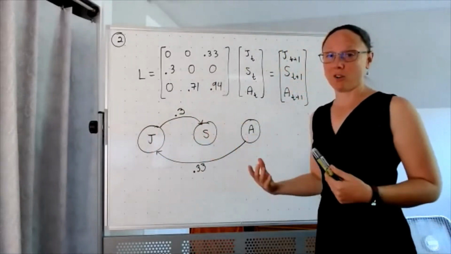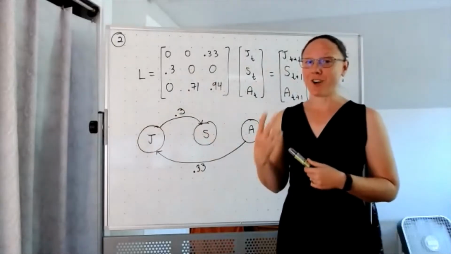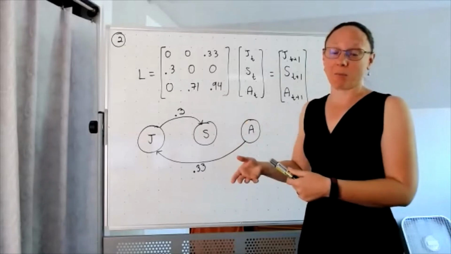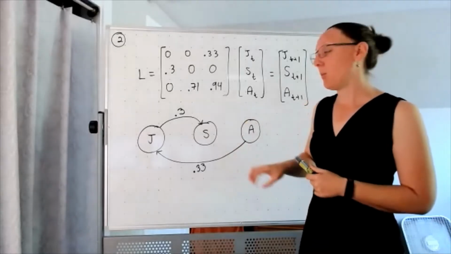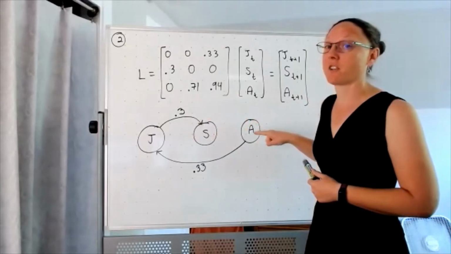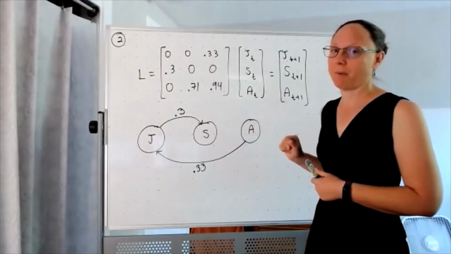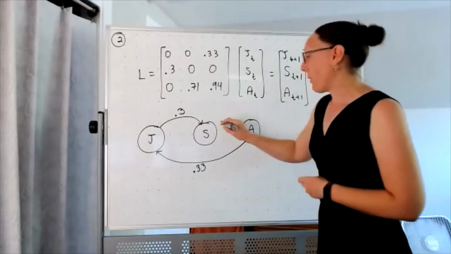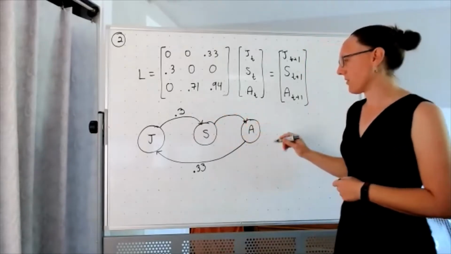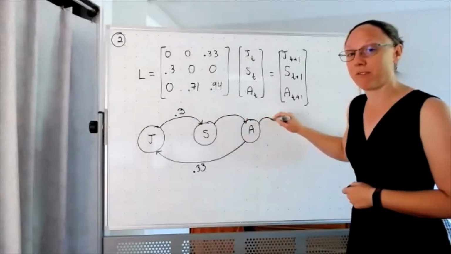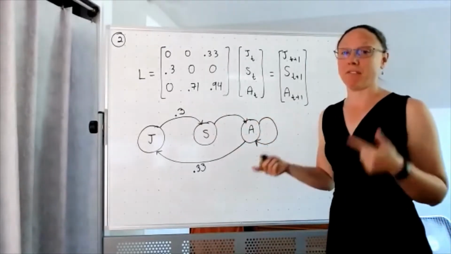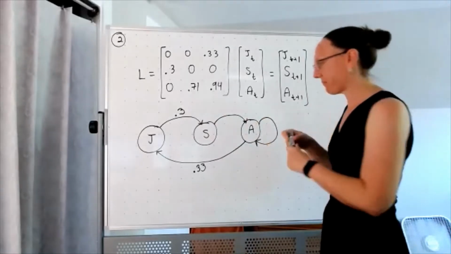And last, for our adults, there are 2 ways that we are going to get the numbers for our adult population next year. We've got our subadults that are going to grow up and our adults that are going to survive 1 more time step. So I'm expecting an arrow from my subadults to the adults and an arrow from my adults feeding back into the adults, assuming that some of them survive another time step.